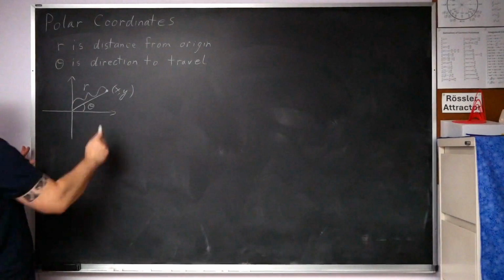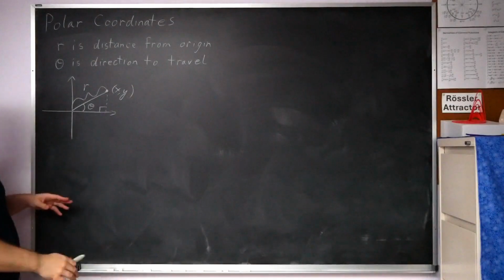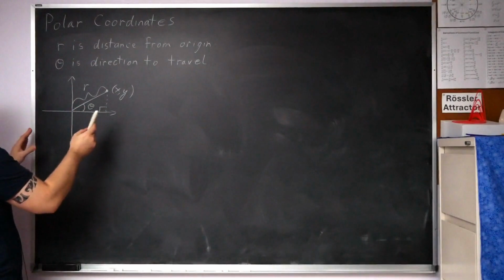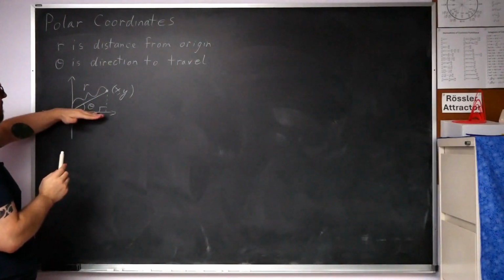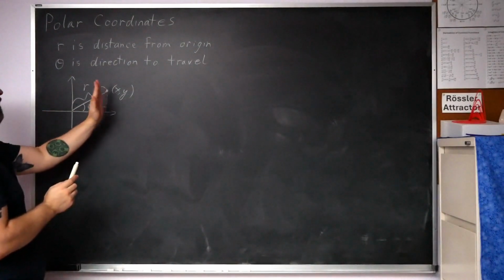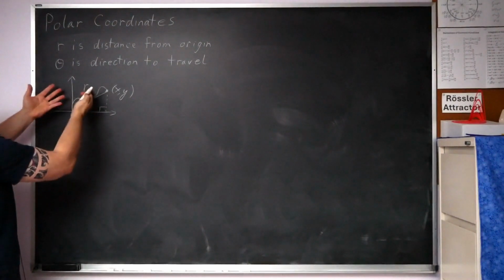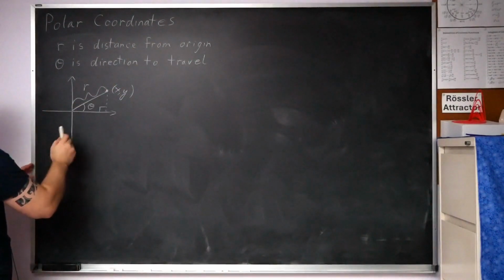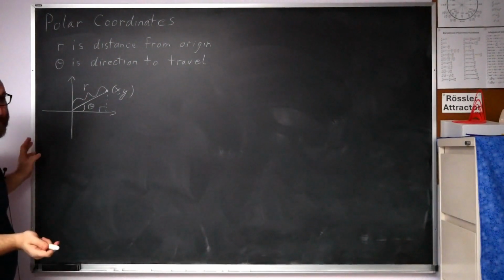All right, well, it's not too bad. If I draw here a right triangle, then I can use trigonometry to figure this out. We have the adjacent side length and the opposite side length. The adjacent side length is x. In this case, the opposite side length is y. I can figure out the length of the hypotenuse by c squared equals a squared plus b squared, or c equals the square root of a squared plus b squared.